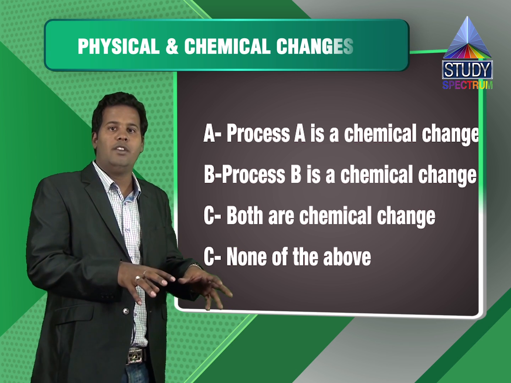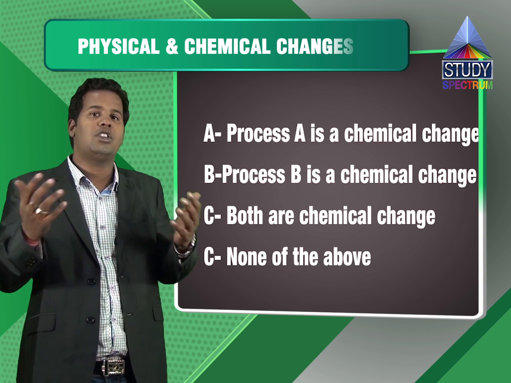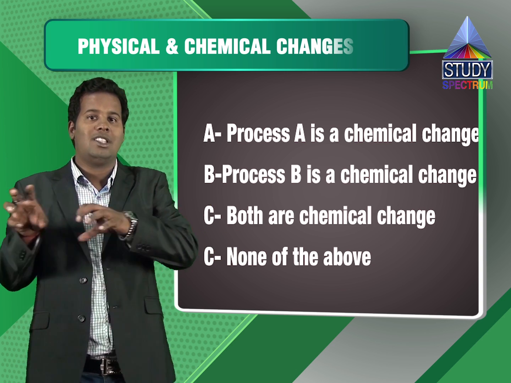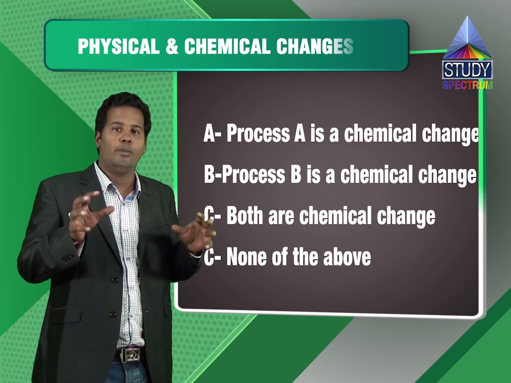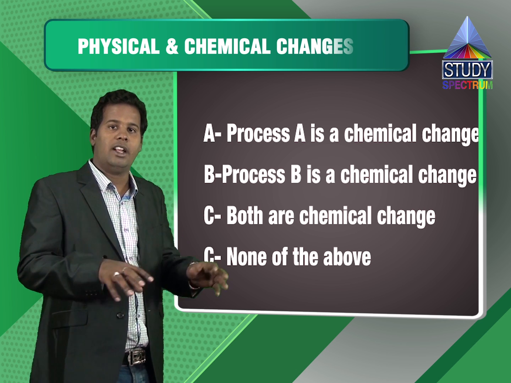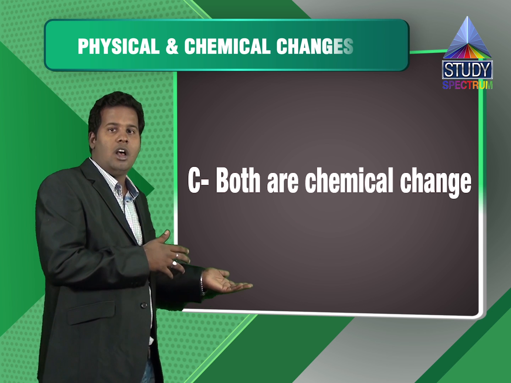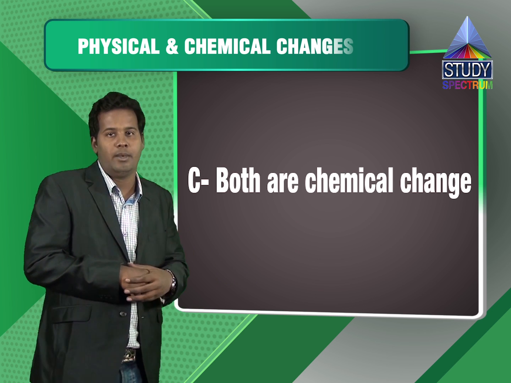Also in process B, when biogas is burned, since burning of biogas produces new substances and energy will be liberated, and at the same time the process is irreversible, change B is also a chemical change. So both change A and change B are chemical changes, and that is why the answer is option C. Both the processes A and B are chemical changes.